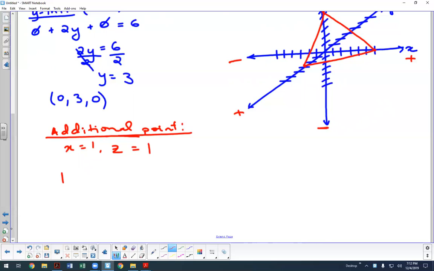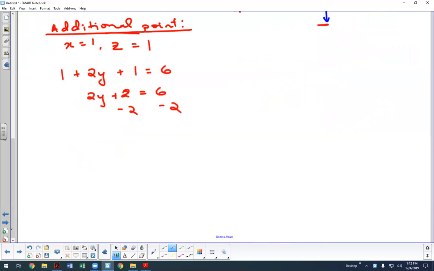So that will end up becoming 1 plus 2Y plus 1 equals 6, so our ordered triple will be 1, 2, and 1.